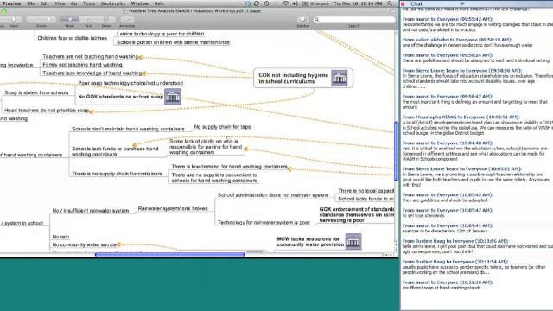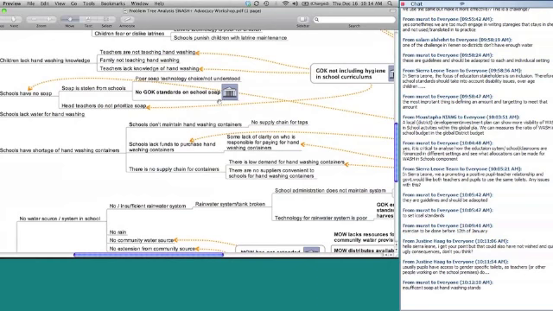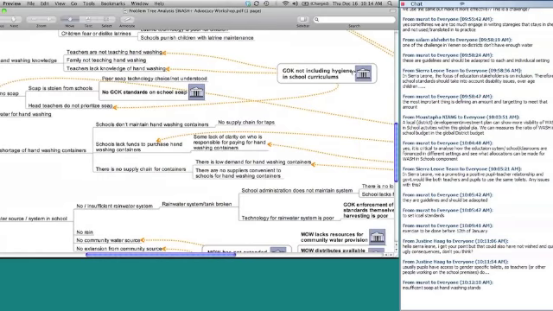And you can see here where these little indicators are. That's where we've come to the root causes, the key root causes. So for teachers are not teaching hand washing, well, we realized that the government of Kenya, in this case, is not including hygiene in the school curriculum. That's one of our root causes, and we've highlighted that root cause and drawn arrows, these orange arrows, to the areas that root cause affects.